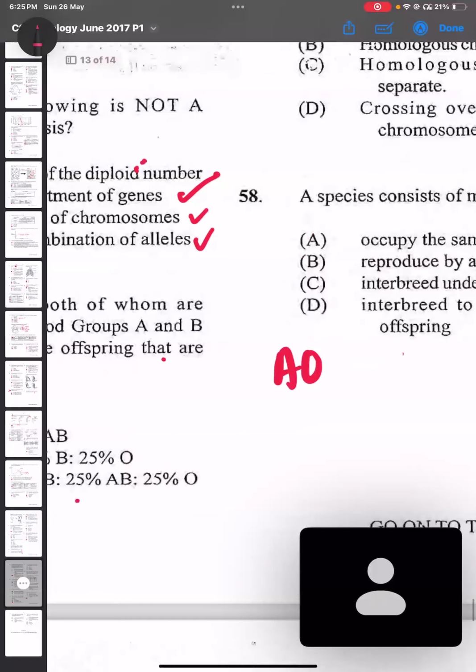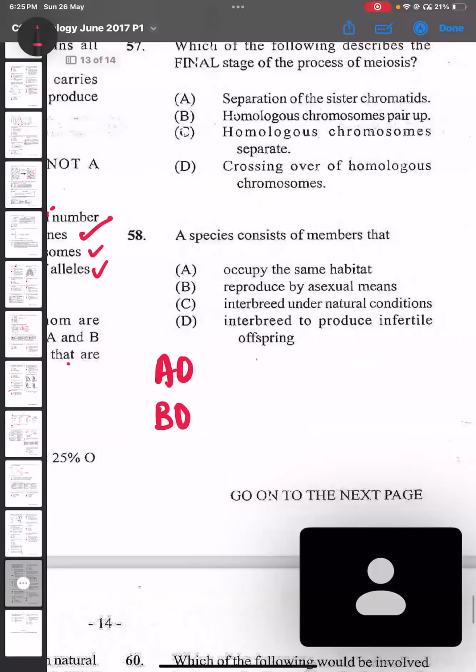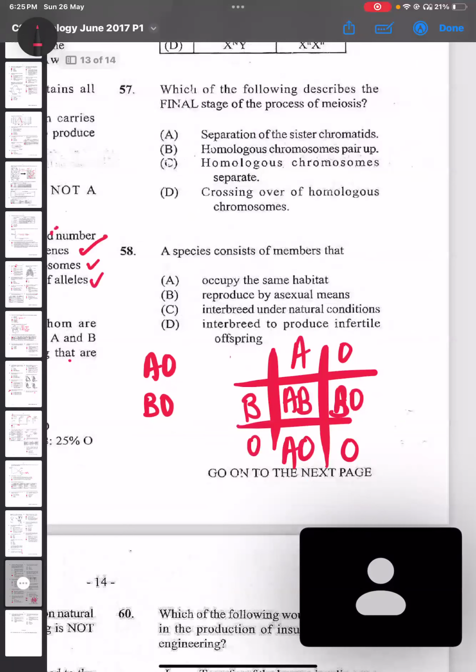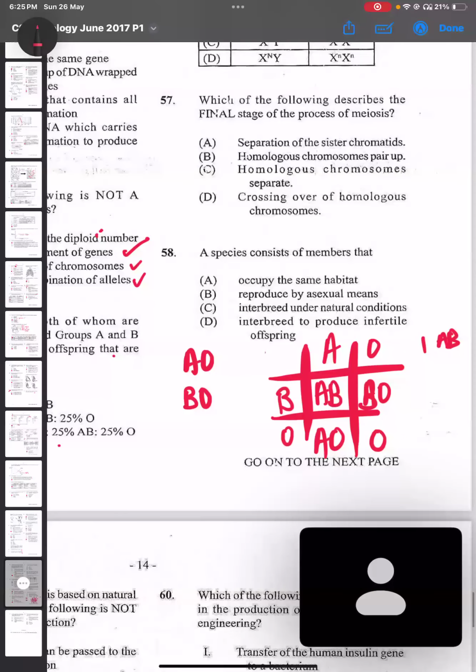And when we combine, we would have AB, we have AO, BO, and O. So you have one AB, one BO, one AO, and one O. O type.